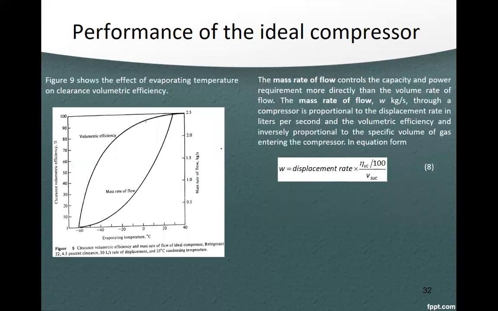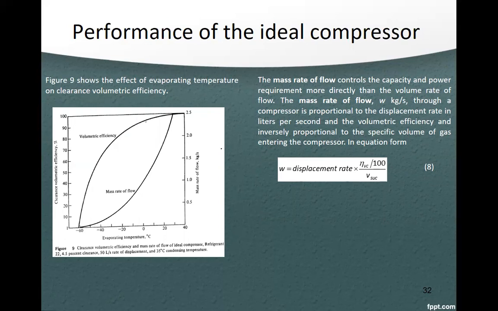Figure 9 shows the effect of evaporating temperature on the clearance volumetric efficiency. The mass rate of flow controls the capacity and power requirement more directly than the volume rate of flow.